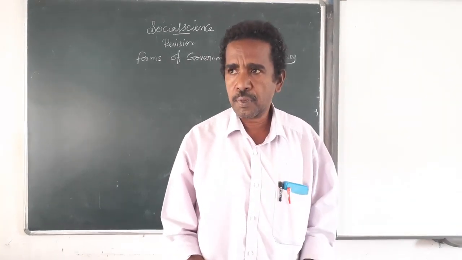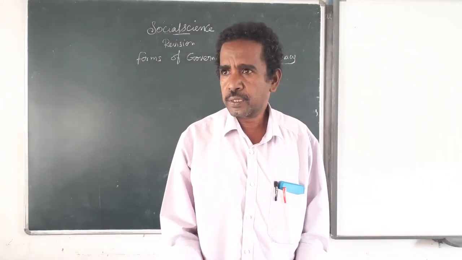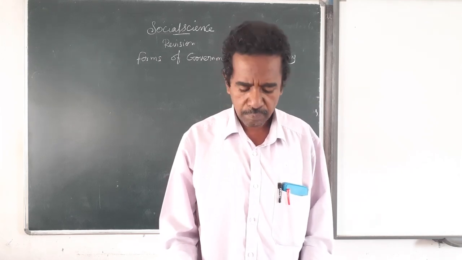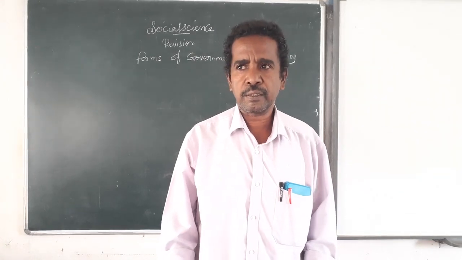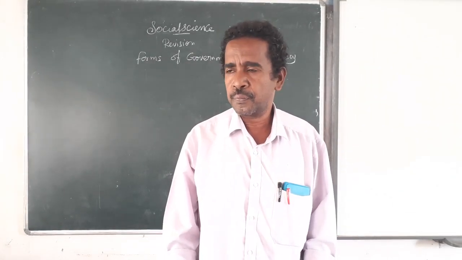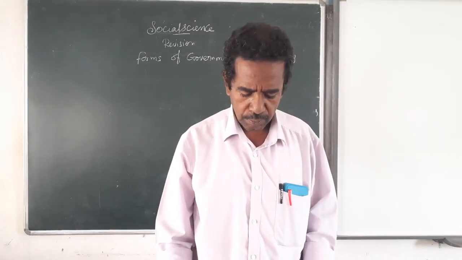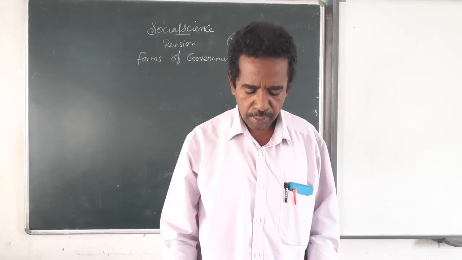For the success of democracy, poor people must be empowered, they must get power and strength. Our country still has many illiterates, and all must be educated. Then only they can enjoy the goodness of democracy.